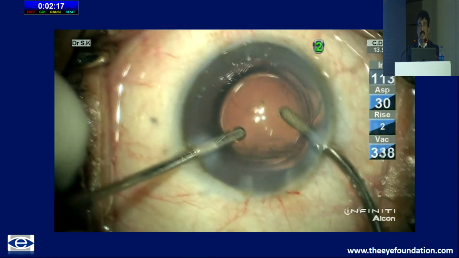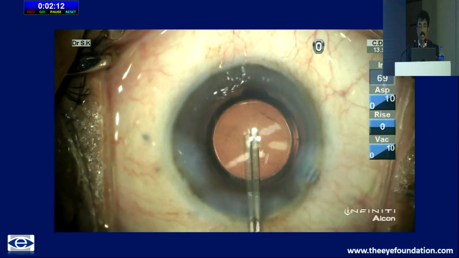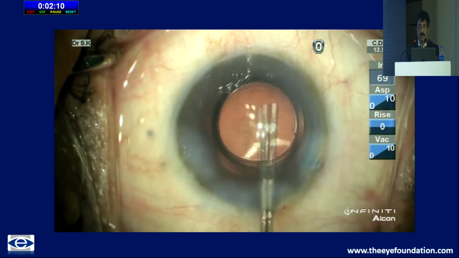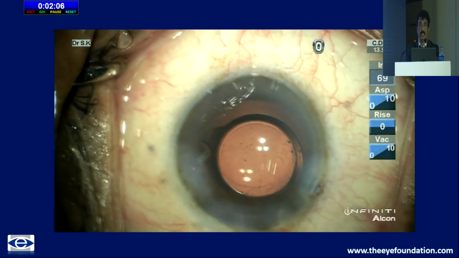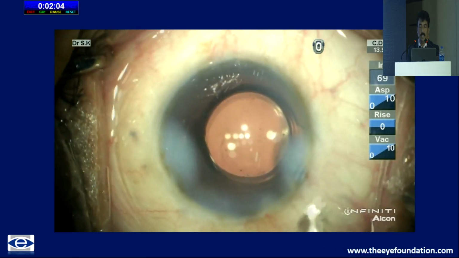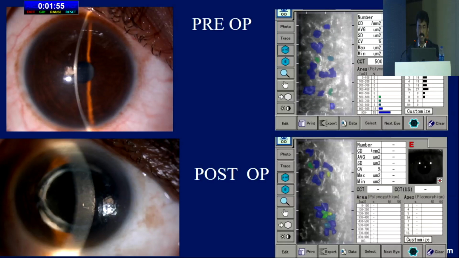Remove all the viscoelastic substance during the IA, and go behind the IOL. Any post-operative rise of IOP has to be avoided, and don't tighten the chamber too much, because any rise of IOP post-operatively can also cause damage to the endothelium.